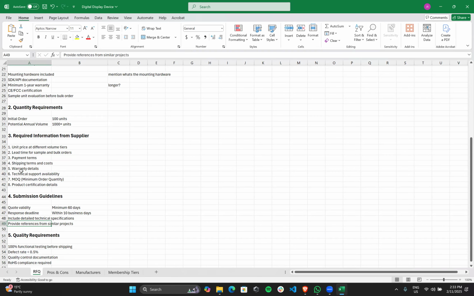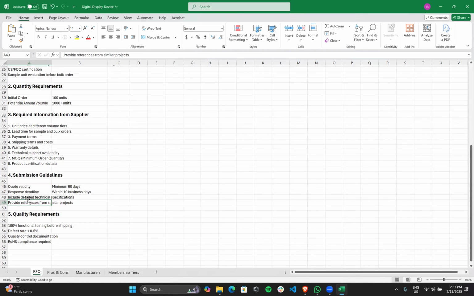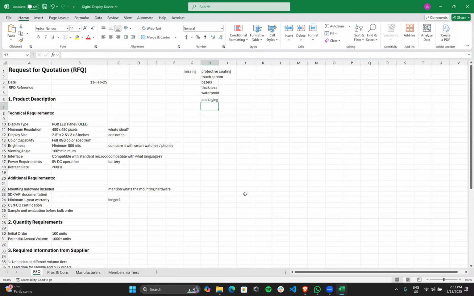So, product quality. Oh, I did not. I missed it. But it should be a separate one. Shipping terms and costs. That's not packaging. That should be almost a subcategory, right? Because there are options on the packaging.